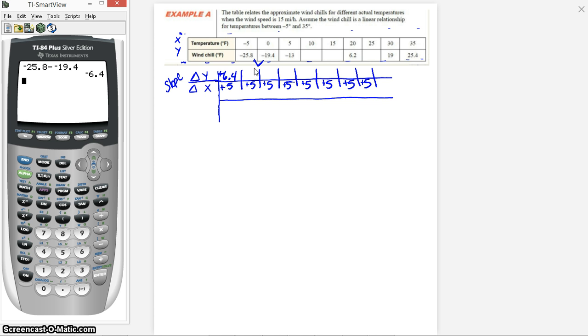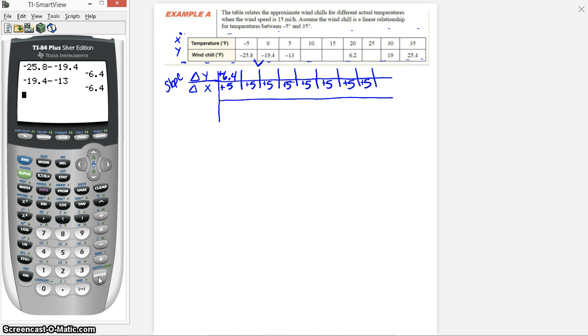So let's keep going. We can type in -13 minus -19.4, and you get -6.4.